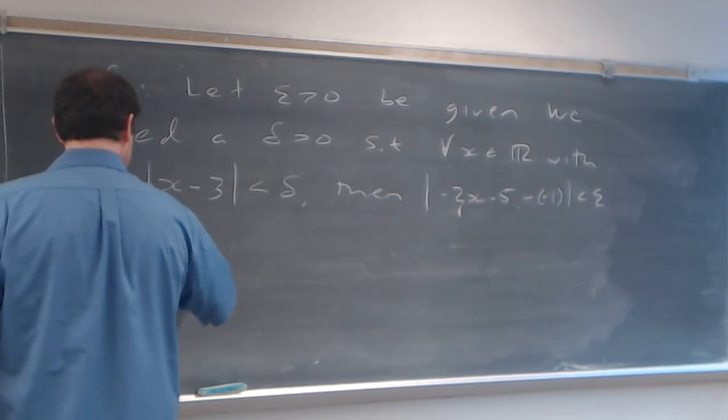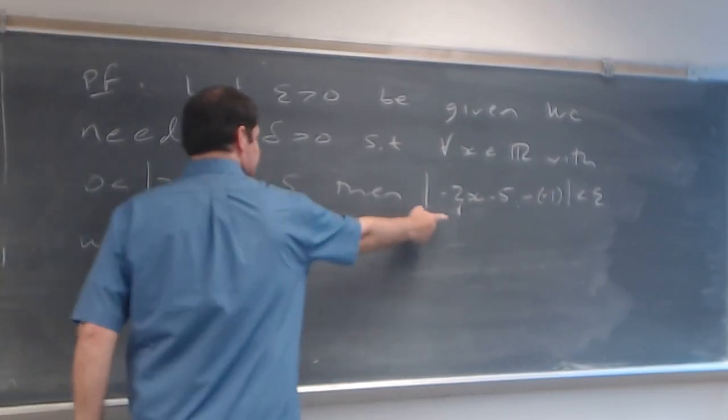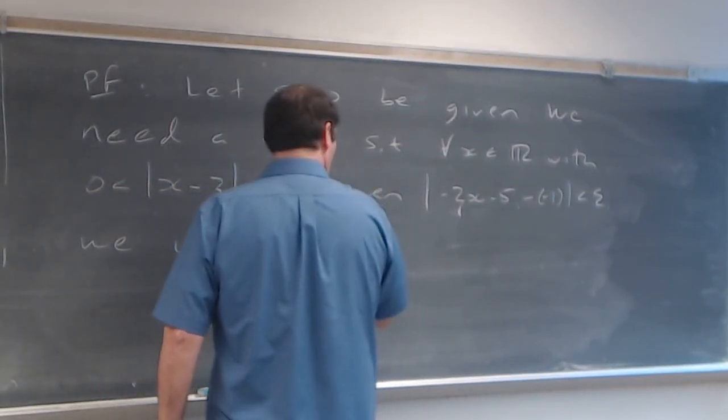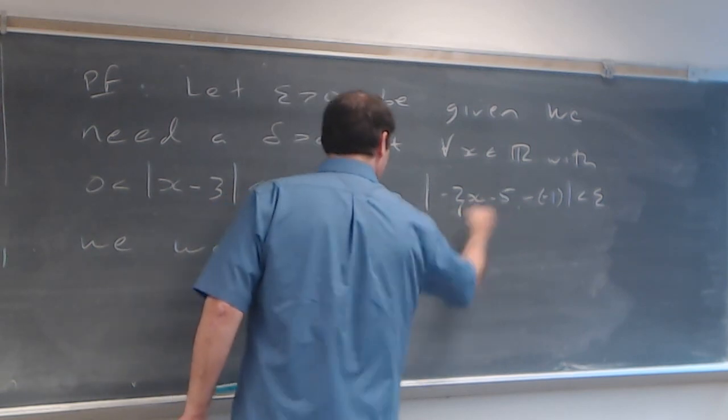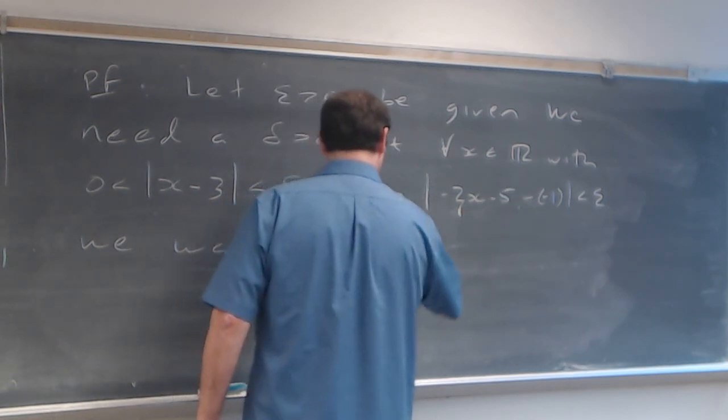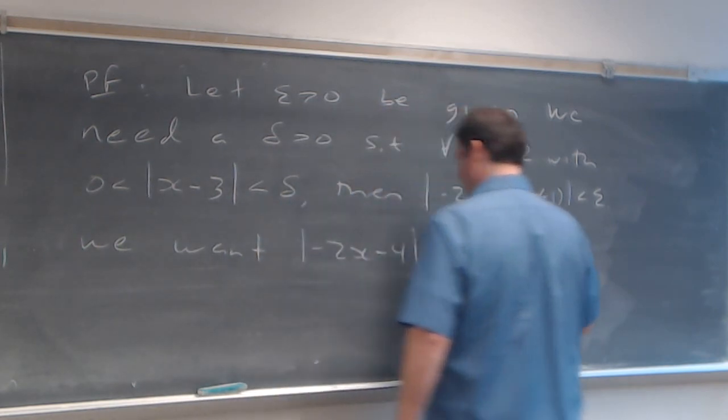So we want this to happen. So we want minus 2x, minus 5 plus 1, so that's minus 4, to be less than epsilon.